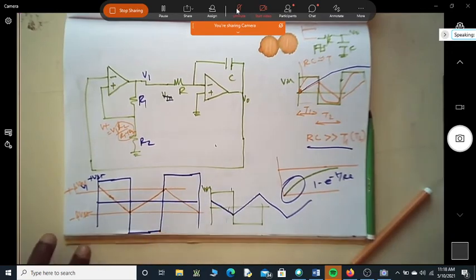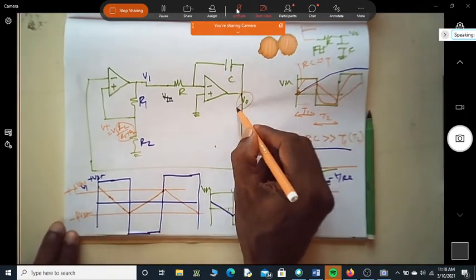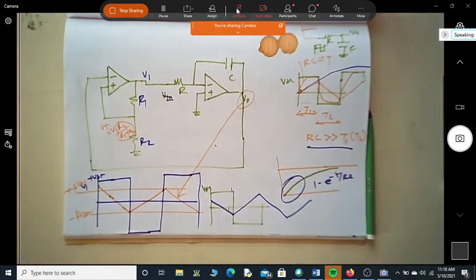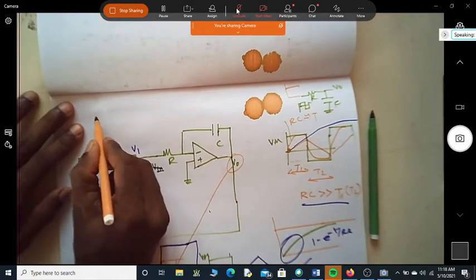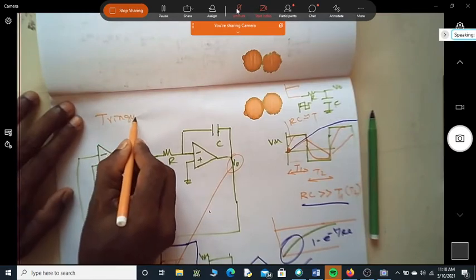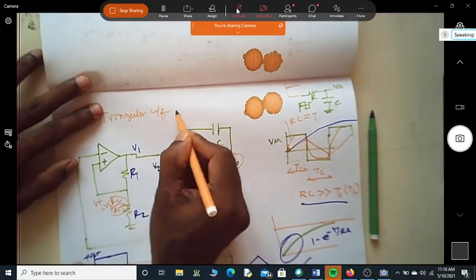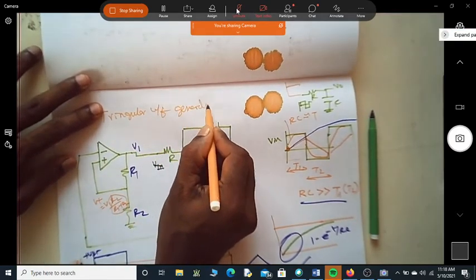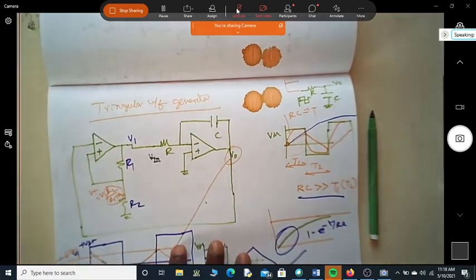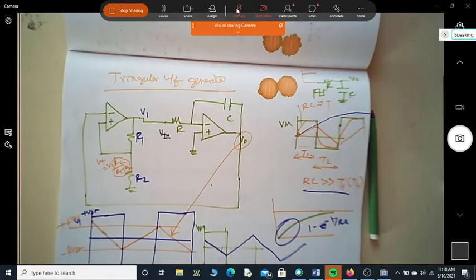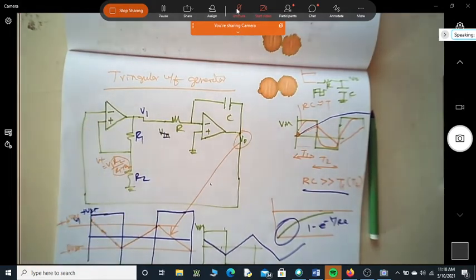So now, if you look at this V0, is it not a triangle? So now this is a triangular waveform generator. Of course, you can also give it to the other terminal, but it will be reverse.